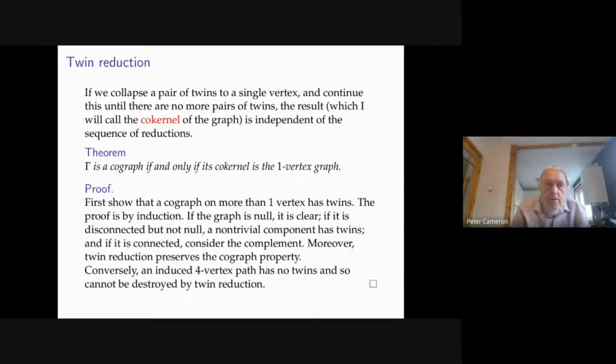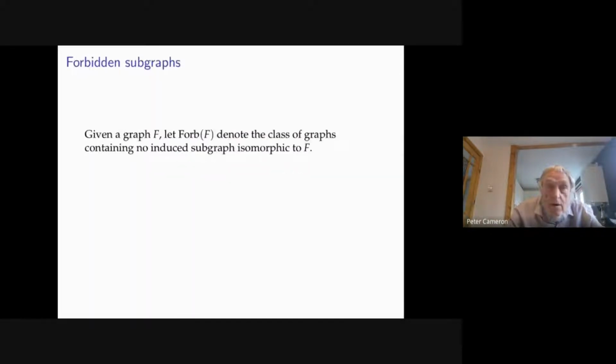And so a 4-vertex path is still going to be there when you do twin reduction, so you cannot reduce the whole graph to a single vertex. So that's the link between twins and cographs.